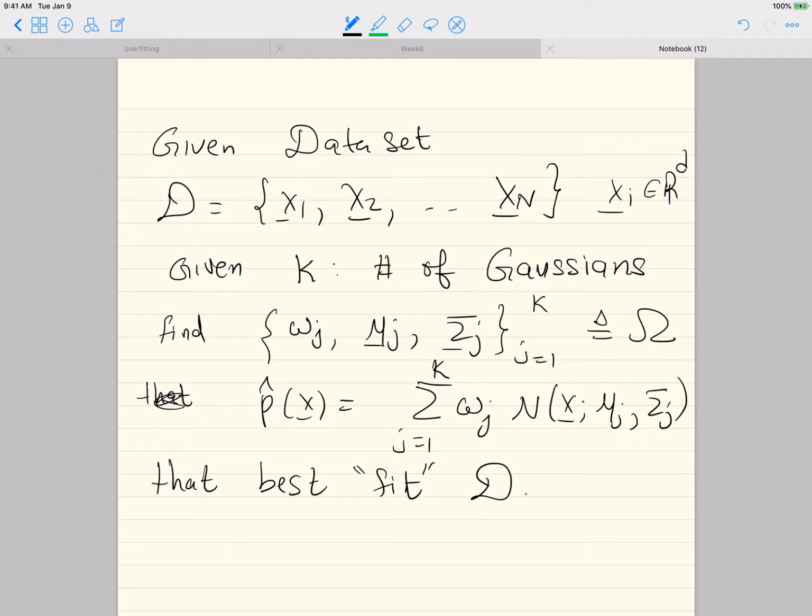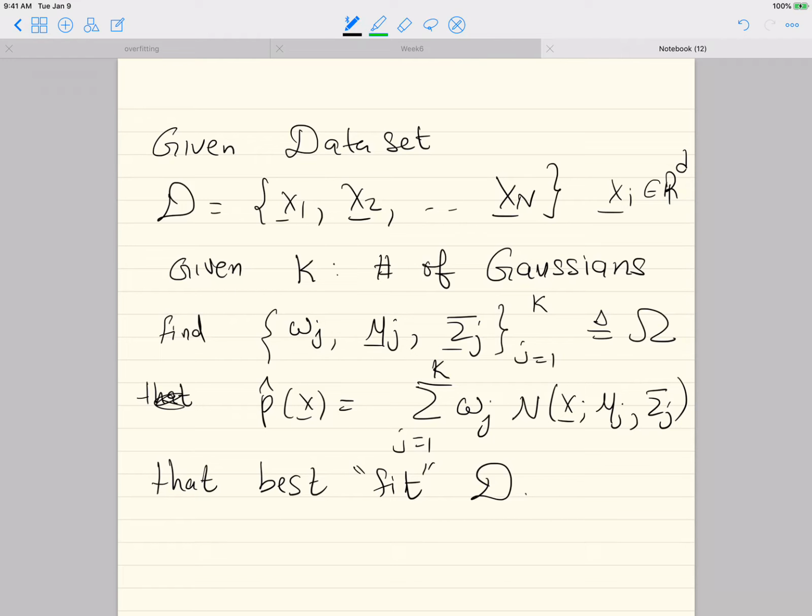This density function will assign a certain probability to x1, it will be p hat of x1. It will assign a probability p hat of x2 to x2 and so on. Now you want to find p hat of x that maximizes the probability assigned to this data set.